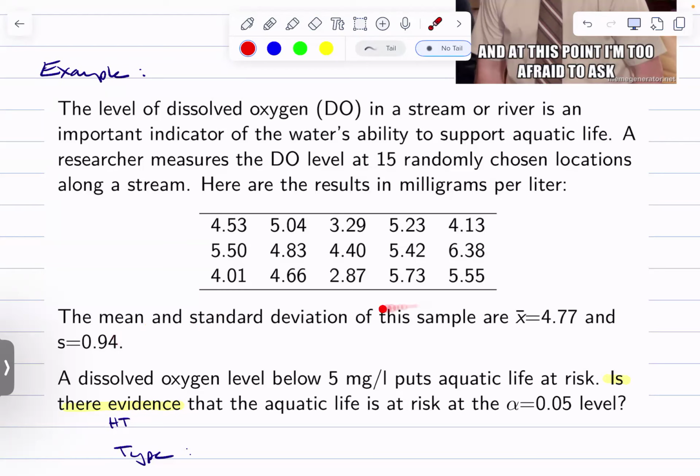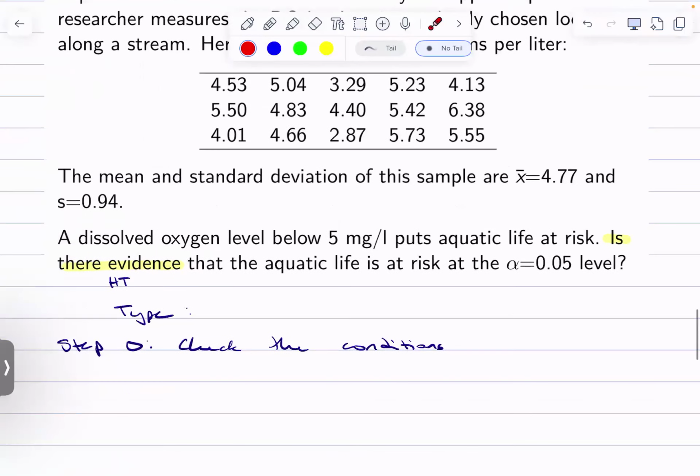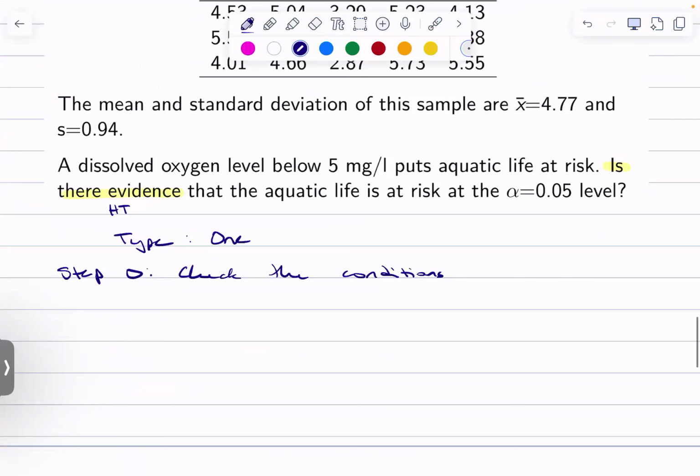If I have a mean and a standard deviation, then I'm leaning towards a numerical variable or a means question. Then the question becomes, do I have 1 sample, or eventually we're going to have 2 samples that we want to compare to each other. But for today, we just have 1 sample. And so this is a 1 sample mean type of question.